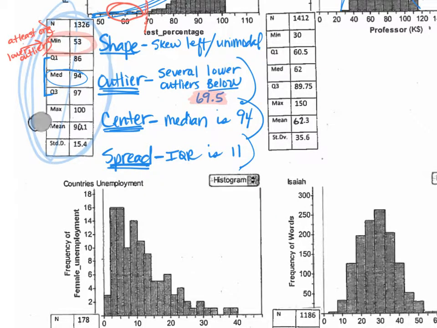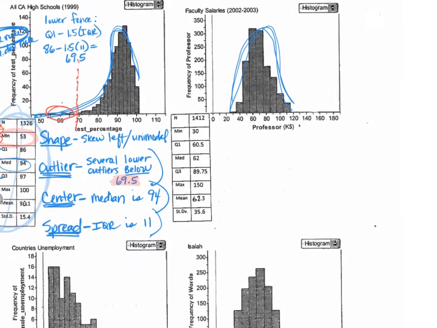All right, so real quickly before we go on to page 20, you can see this one is pretty symmetrical. So since we have symmetry, we'll use standard deviation and mean. Okay, so when we do our center and spread, we'll do the standard deviation and mean.